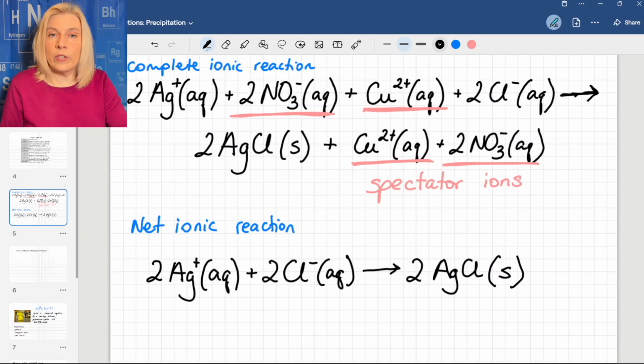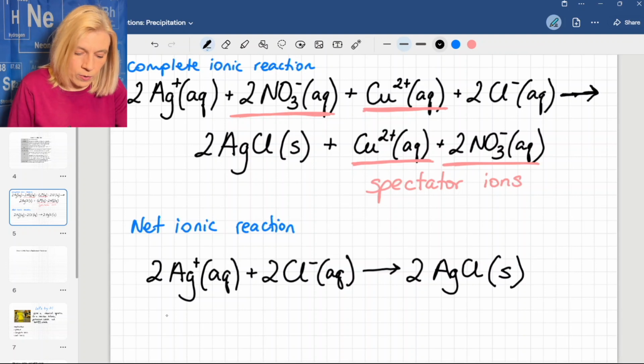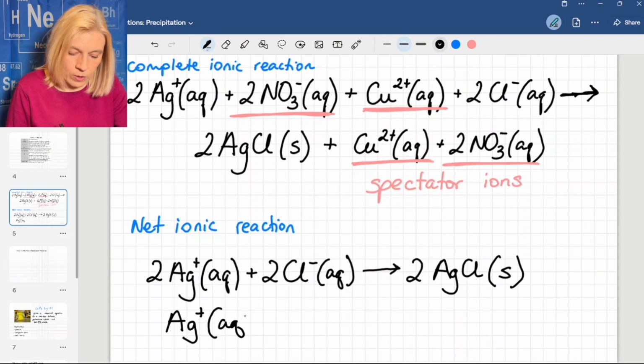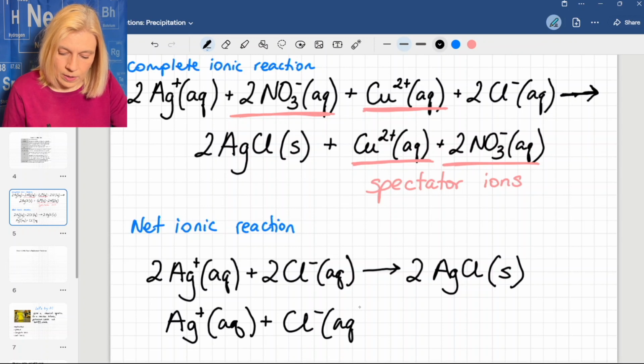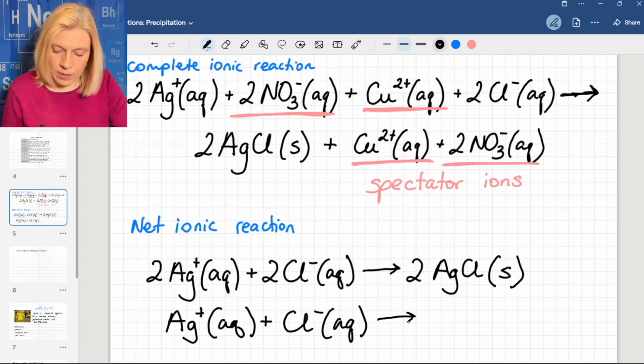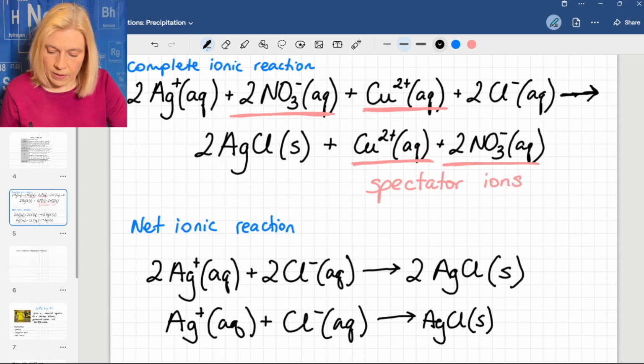You can feel free to erase the 2. Everything is multiplied here by 2. We do not need that for a balanced chemical reaction. So it's my silver and chloride combined to form silver chloride. That's my reaction.